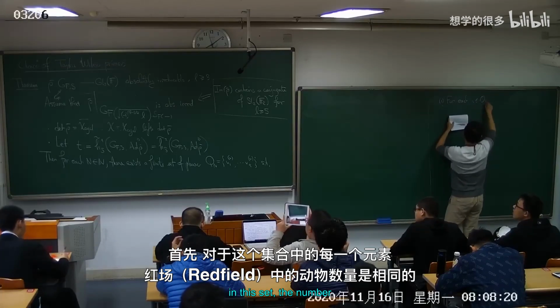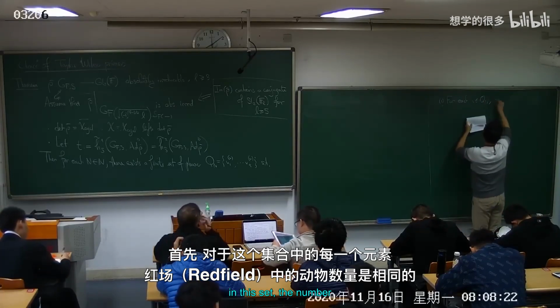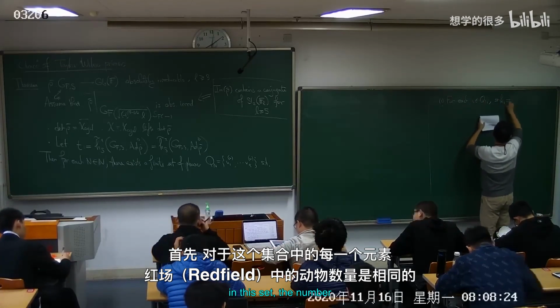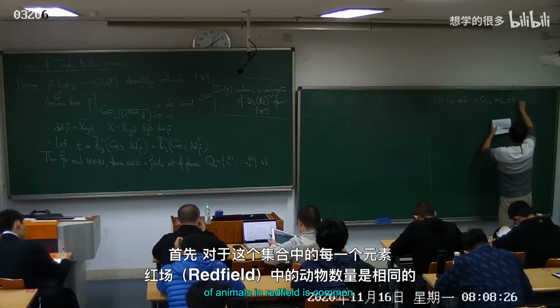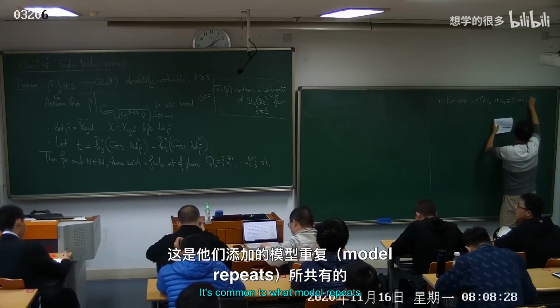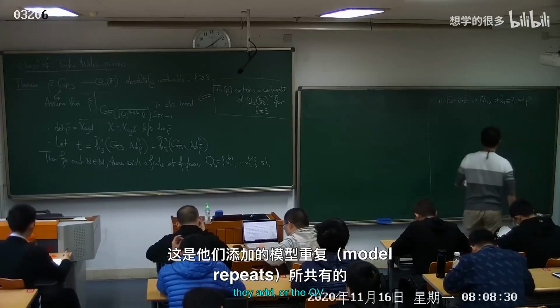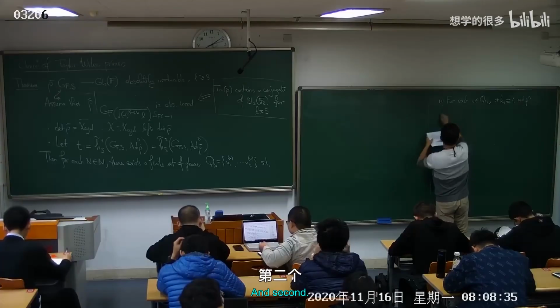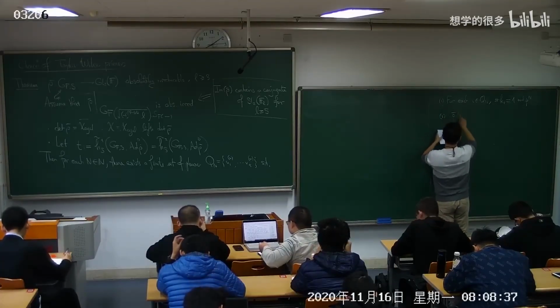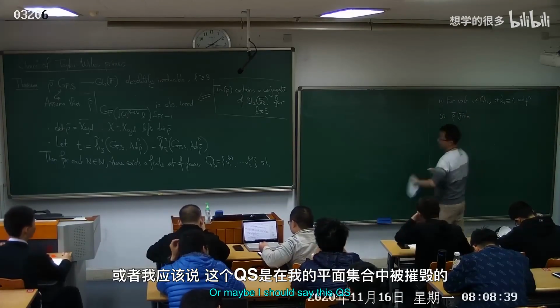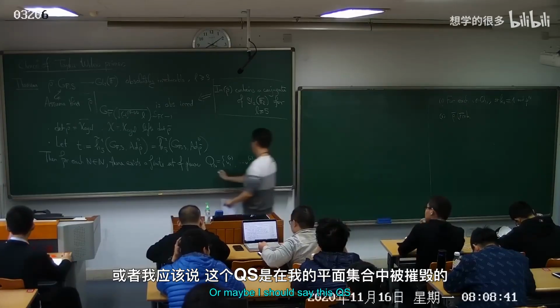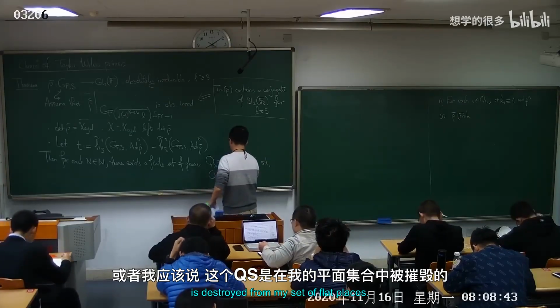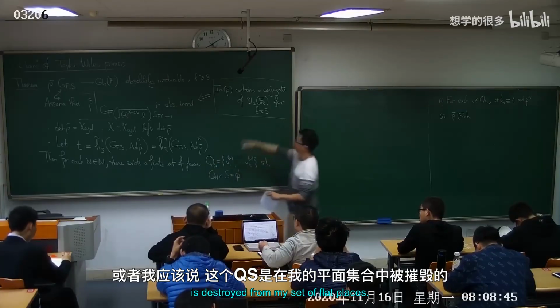for each place in the set, the number of elements in the residue field is congruent to 1 modulo p to the n, for each v in Qn. And second, this Qn is disjoint from my set of flat places.